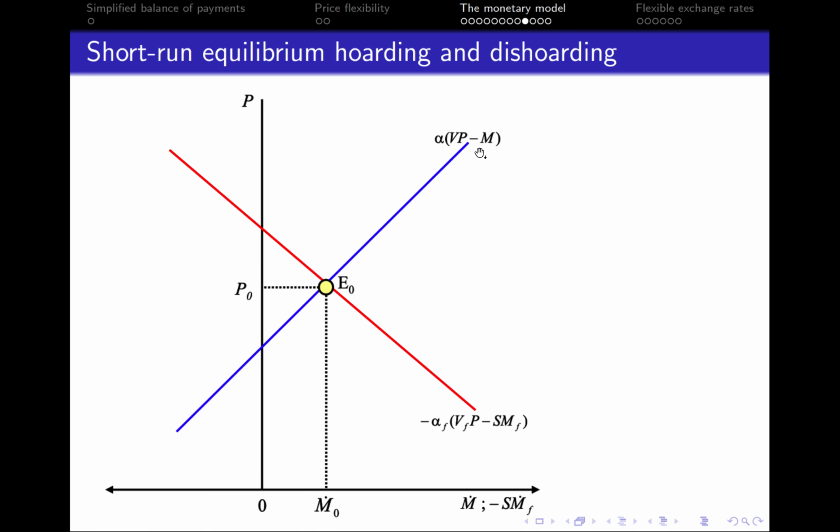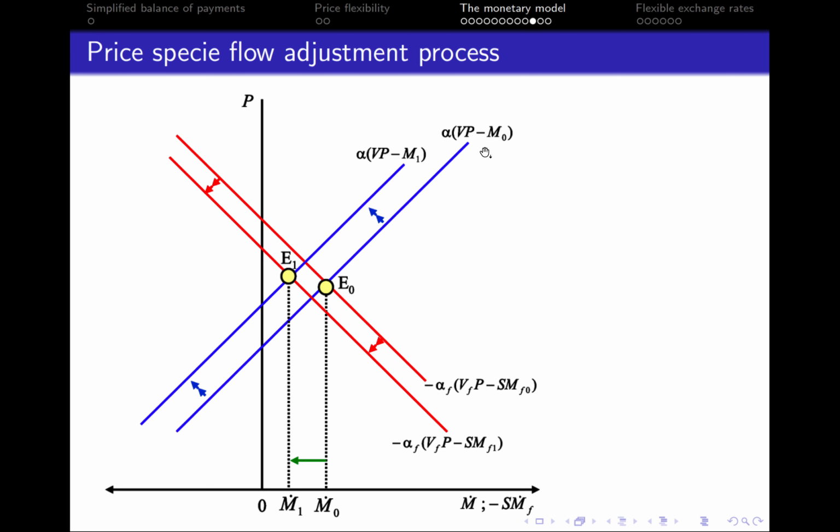But look, if money supply is increasing, we will observe that actually the line here needs to shift. It will shift upwards, because with bigger money supply, the relationship stays the same.